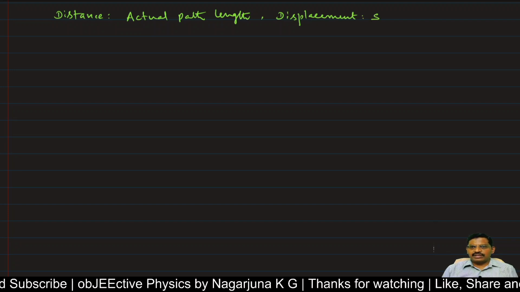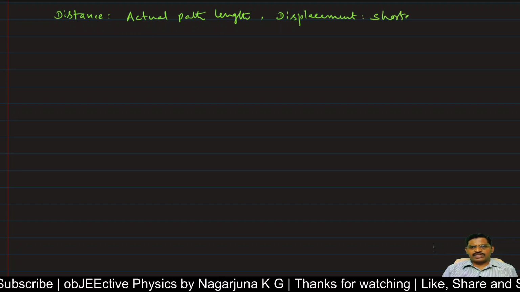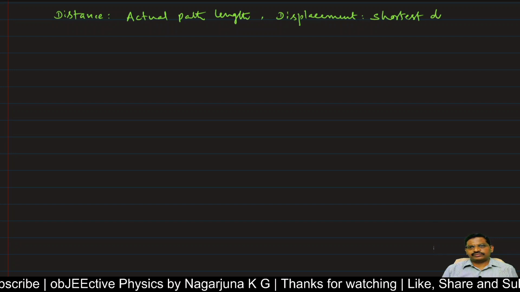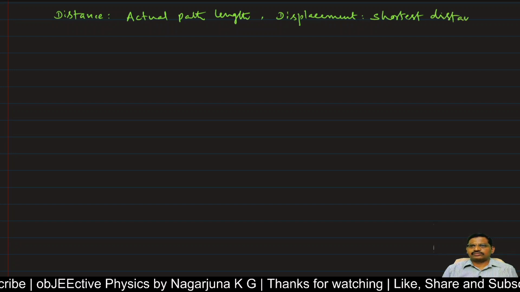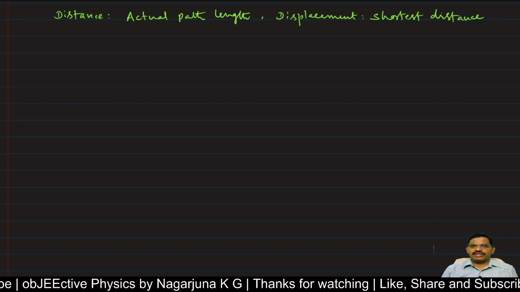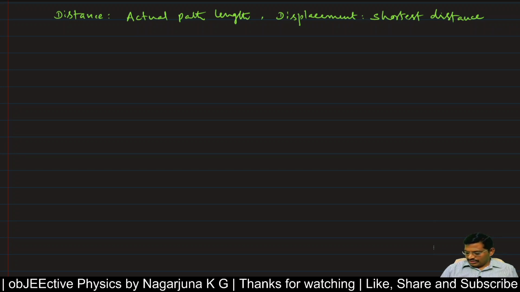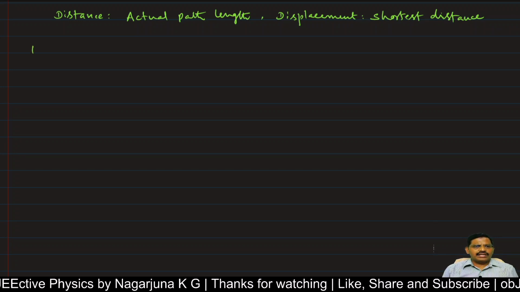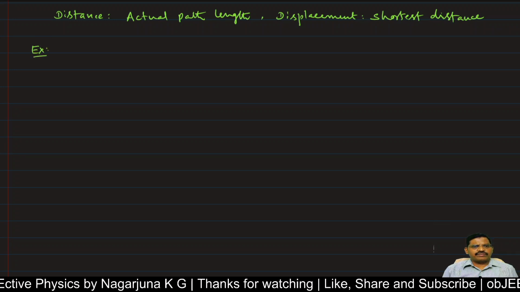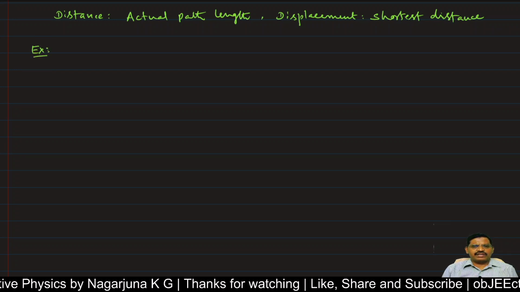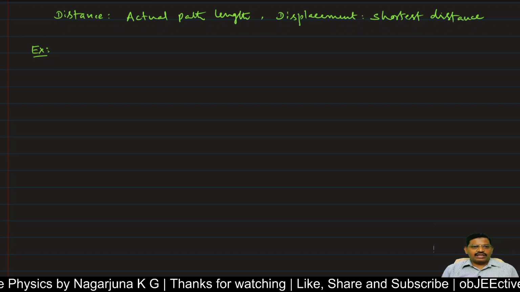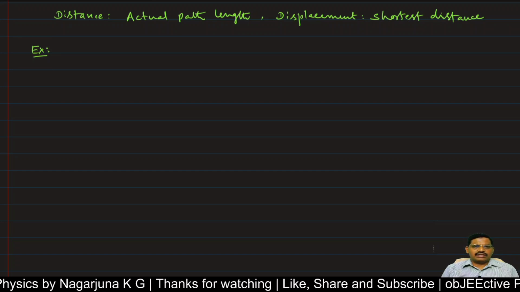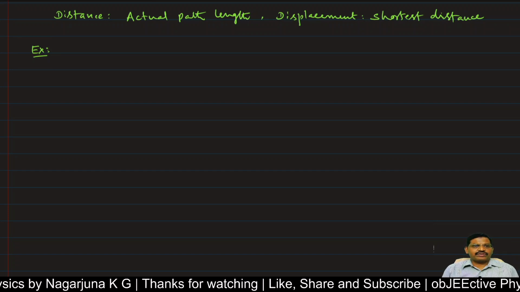Displacement is nothing but shortest distance between final and initial positions. Let us take a few more examples. We saw already one triangle example there. And now I am going to take some other examples here to understand distance and displacement clearly.